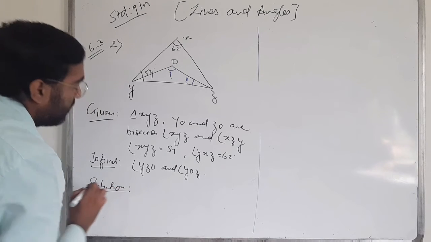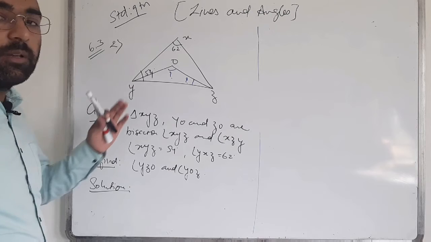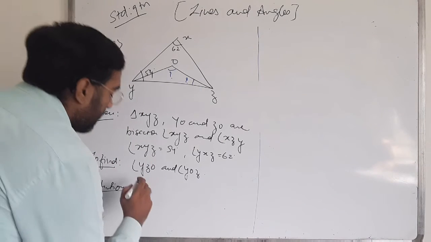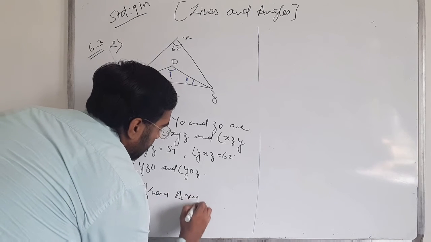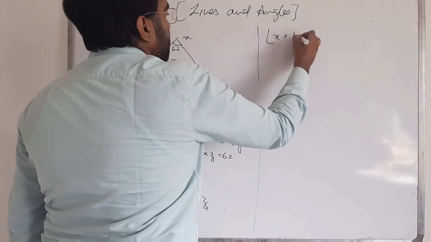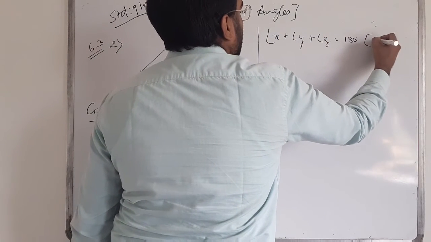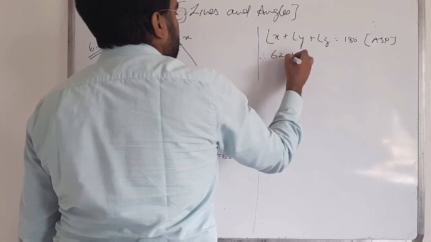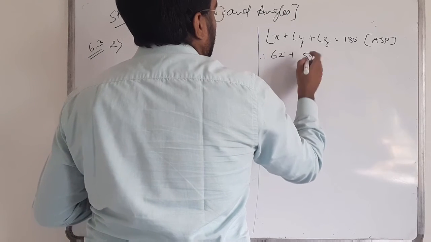In the solution, first of all we know from the angle sum property that the sum of all the angles of a triangle is equal to 180 degrees. So from triangle XYZ, angle X plus angle Y plus angle Z is equal to 180 degrees. Angle X is given as 62, angle Y is given as 54.